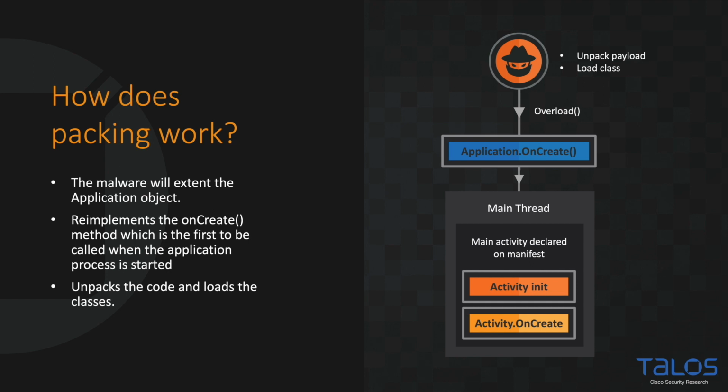This happens because the first thing that is created in an Android application is the application class. That's responsible for doing all the boot up and calling the activities which are defined in the manifest. So by doing this override, they can start the execution before any of the activities from the application itself.